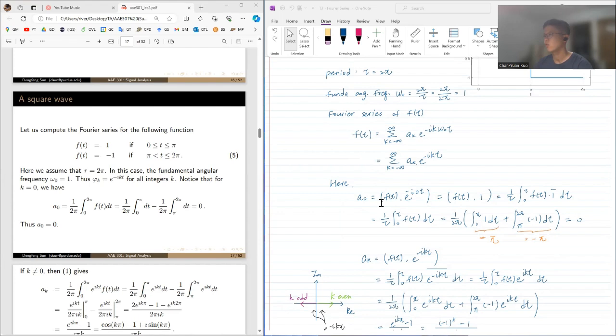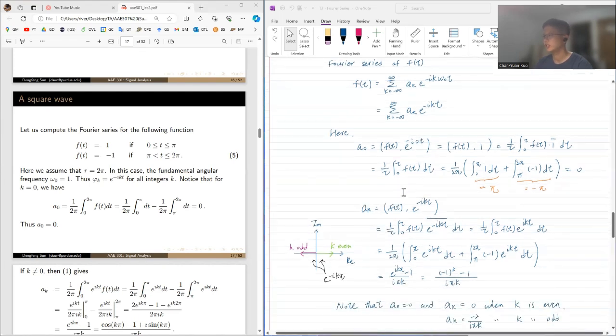And according to the definition of the inner product, this will equal 1 over tau times the integral of f of t from 0 to tau with respect to t. And if you work out this integral, what you will get in the end is 1 over 2 pi times pi plus negative pi. And so this will end up being 0. So that means a naught is 0.